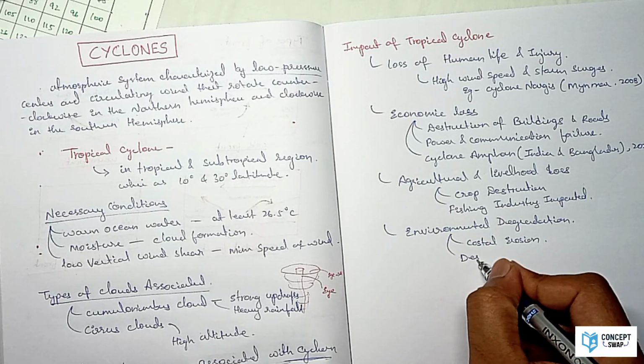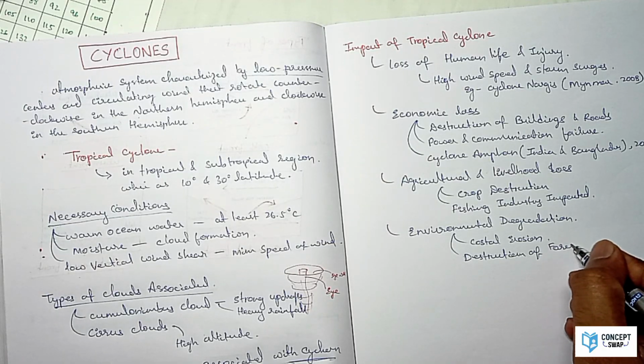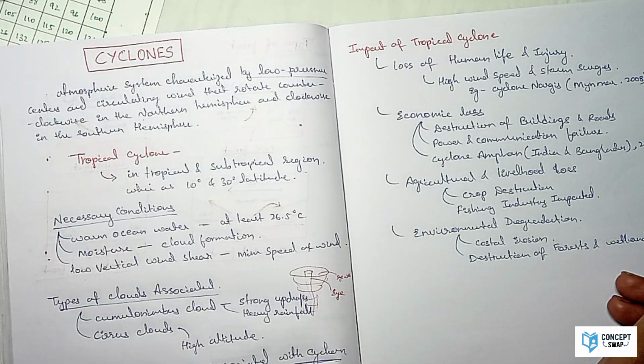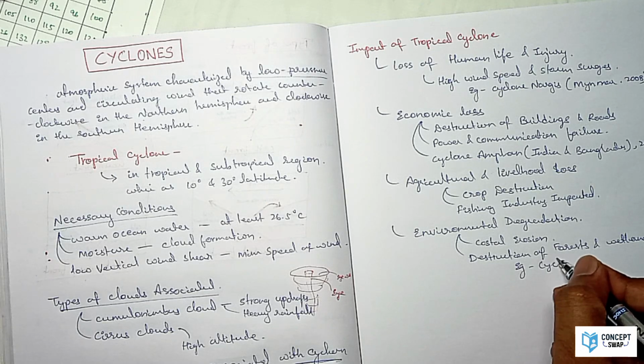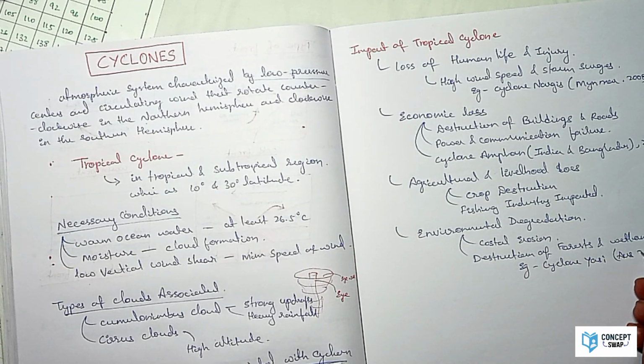Then destruction of forests and wetlands. The cyclone uproots the mangroves and destroys the coral reefs. What is the main example? Example is Cyclone Yasi, Australia, 2011.